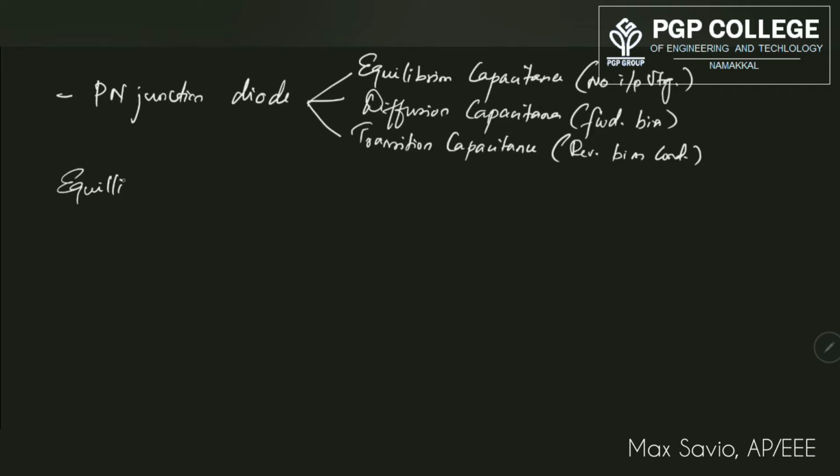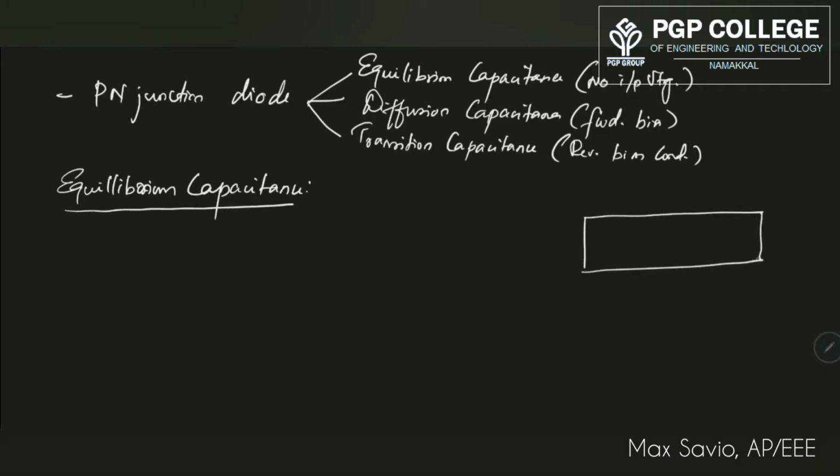Equilibrium capacitance. Let us see how this capacitance value is given at the equilibrium condition of a p-n junction diode. You have a p-n diode not connected to any voltage, with the diffusion layer formed between the p-n junction.